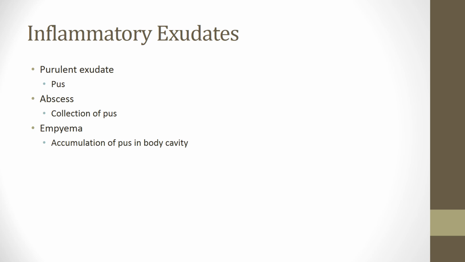Purulent exudate is pus. Again, it's a collection of dead neutrophils. So approximately 3 to 4 days after the inflammatory process begins, the other type of cells will arrive at the scene, which are the monocytes.